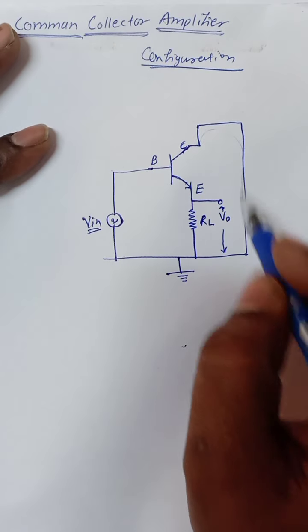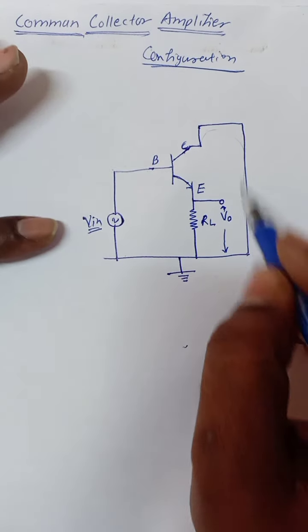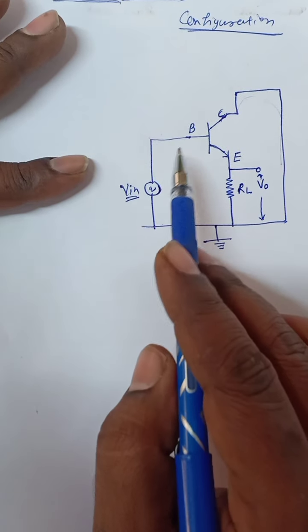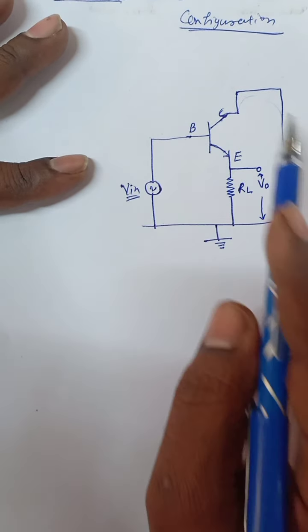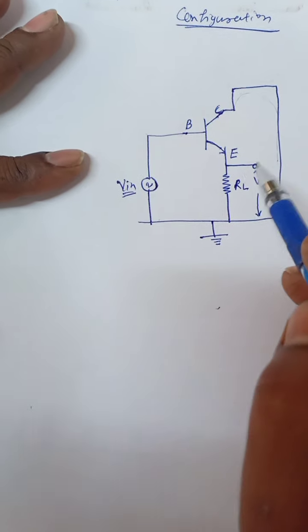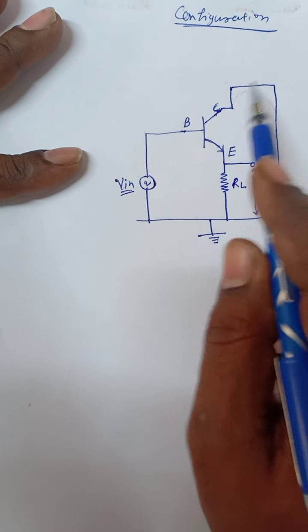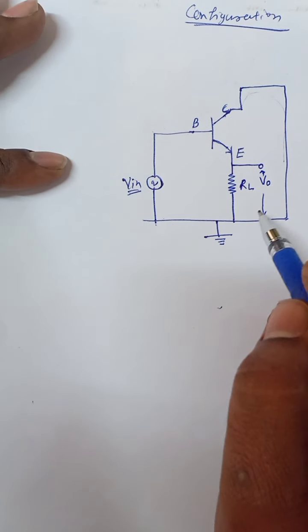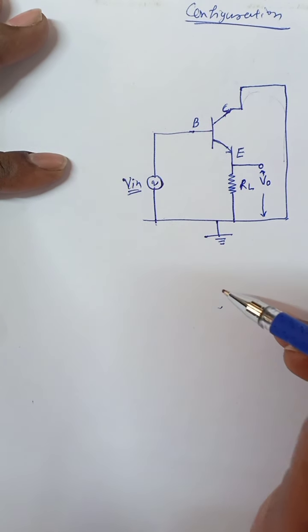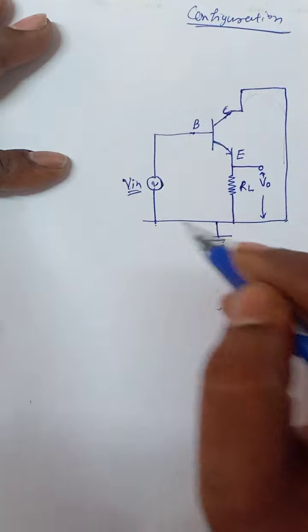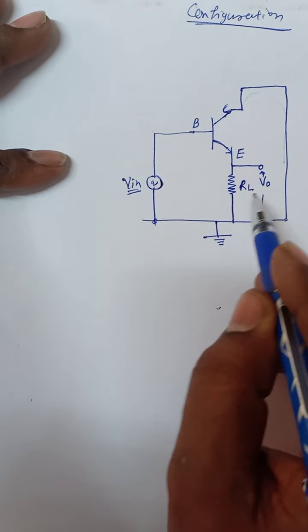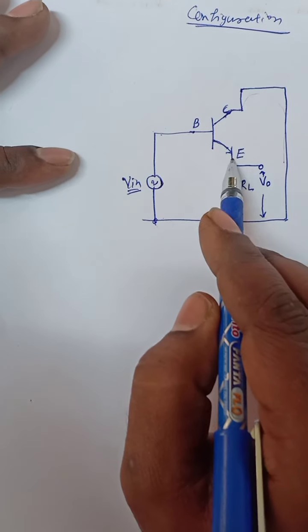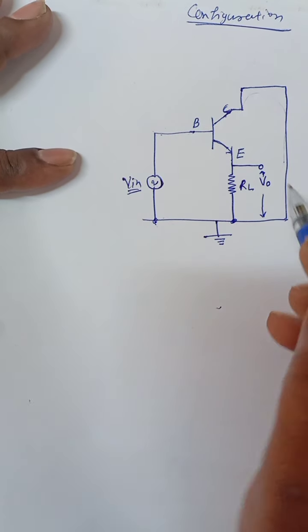Collector is common here. Collector is made common, input is applied between base and collector, and output is observed between emitter and collector. That's why it is named the common collector configuration.